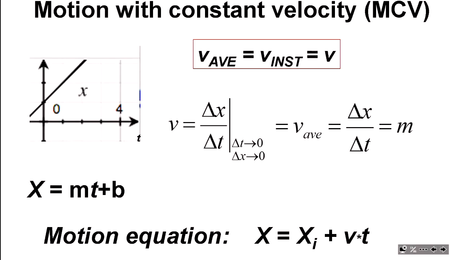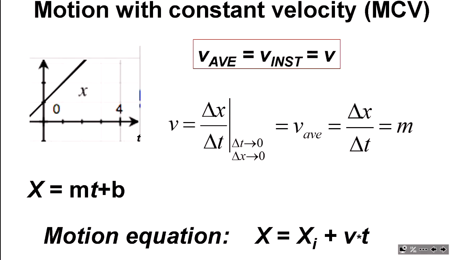If time equals 0, this is what we call y-intercept. Yeah? If time equals 0, this coefficient gives initial location x0. And if we calculate the slope, that is the slope. So this coefficient represents velocity. Which velocity? Instantaneous or average?